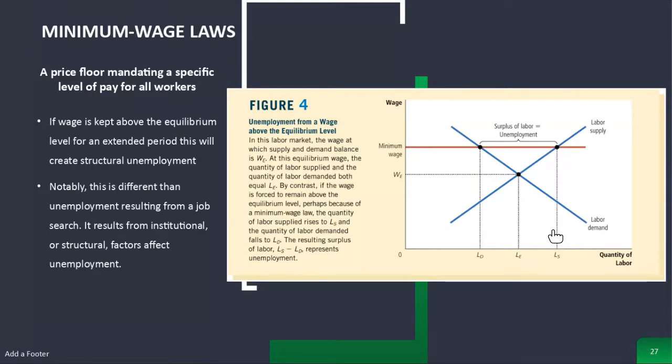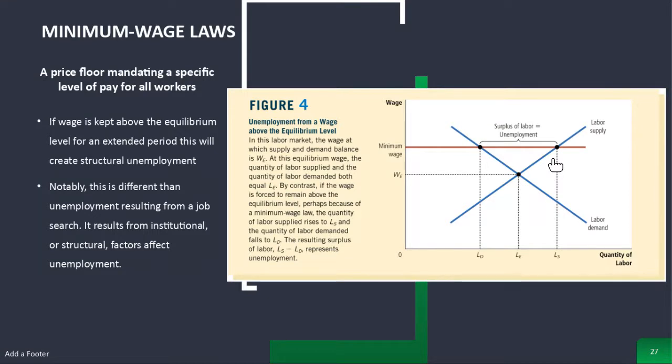So if you have a minimum wage law which prevails over the equilibrium, then presumably you're incentivizing an increase in the quantity supplied and a decrease in the quantity demanded. And this gap, this surplus of labor created by a minimum wage, well, what's a surplus of labor? Unemployment.